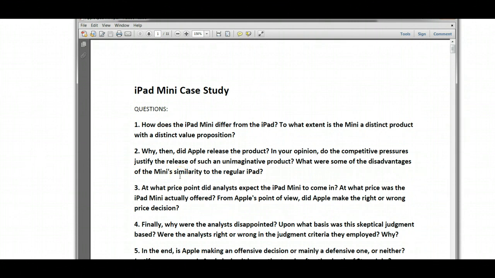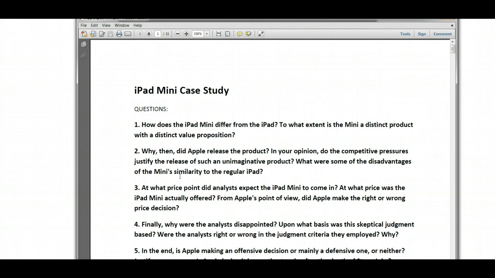So the question is, why did they release an iPad mini, especially since there's been talk in the past that they wouldn't do that, that they didn't want to? And clearly here there's a good opportunity in this question to look at some of the ideas and concepts in the Kellogg's on Strategy textbook, which I sometimes nickname the Red Ocean book. Some frameworks and tools could explain Apple's strategy.